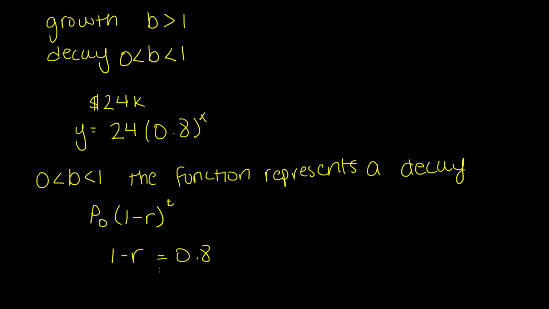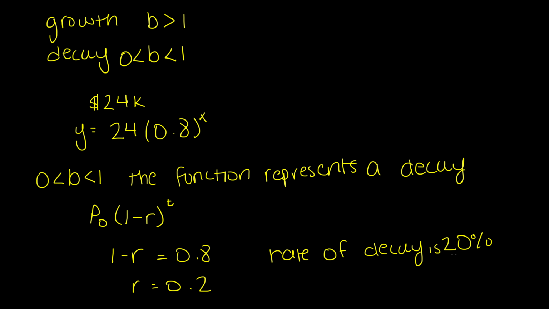Solving for my rate, we get the rate is equal to 0.2. So the rate of decay is 0.2 or 20%. This means that the value of the car decreases by 20% each year, which is not unheard of. Some cars decrease a little bit faster than that.